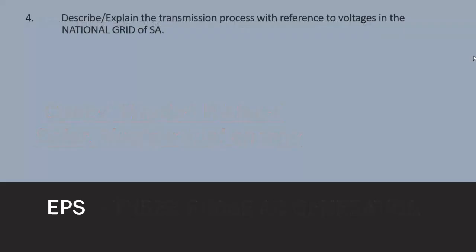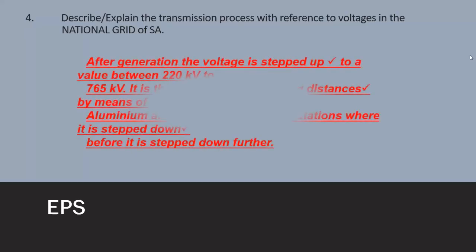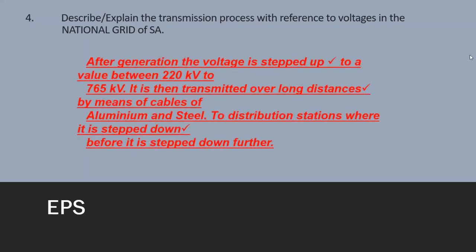Describe or explain the transmission process with reference to voltages in the national grid of South Africa. After generation, the voltage is stepped up to a value between 220 kilovolts and 765 kilovolts.